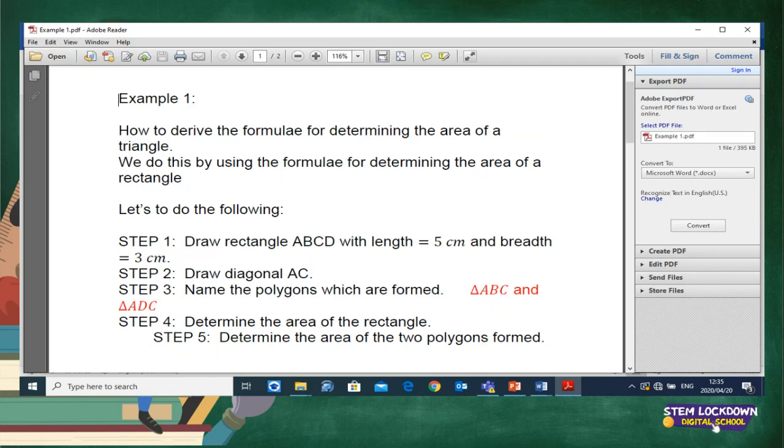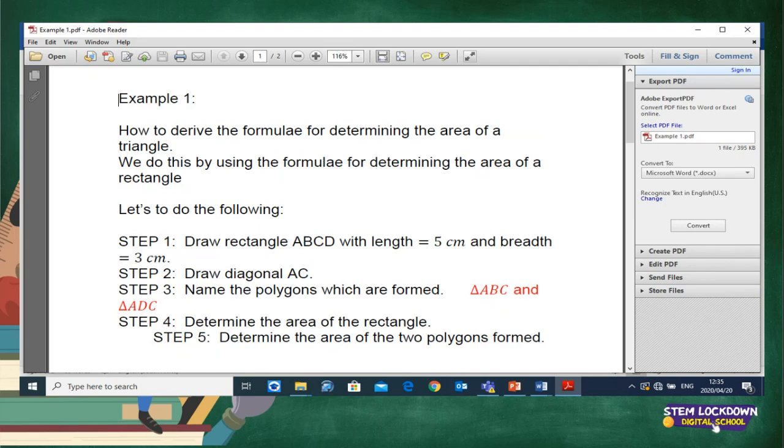At this point now, you can determine the area of the rectangle, which you know by now. The area of the rectangle is defined by length times breadth. So in this case, your area will be 5 times 3, because your length is 5 and your breadth is 3, which is 15.